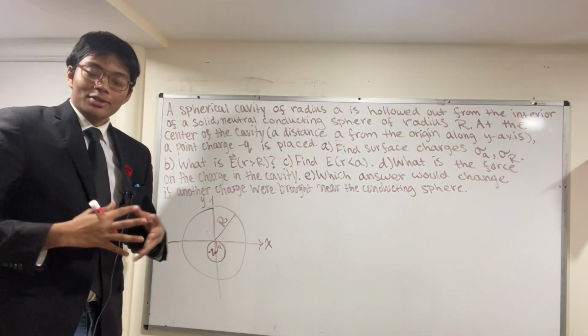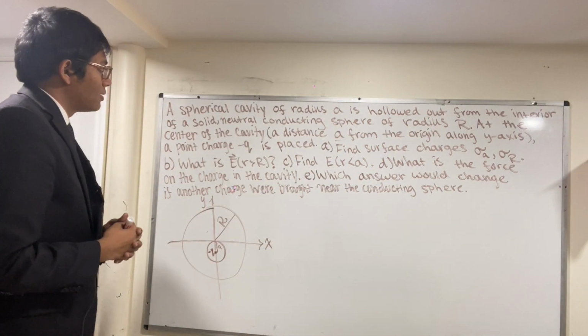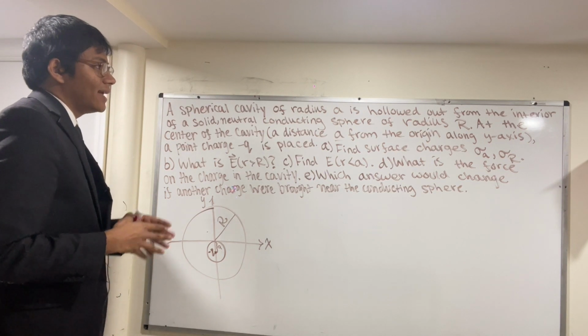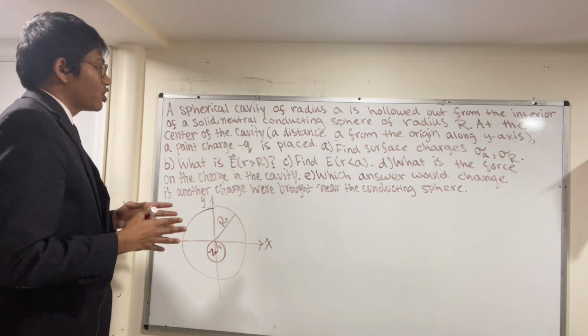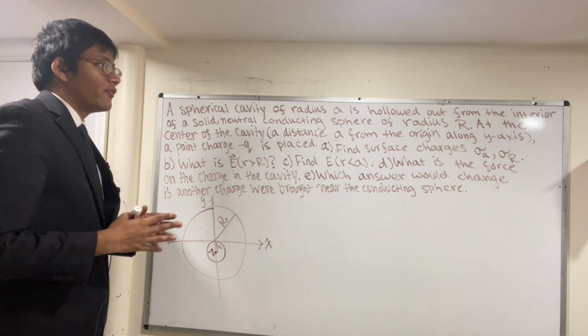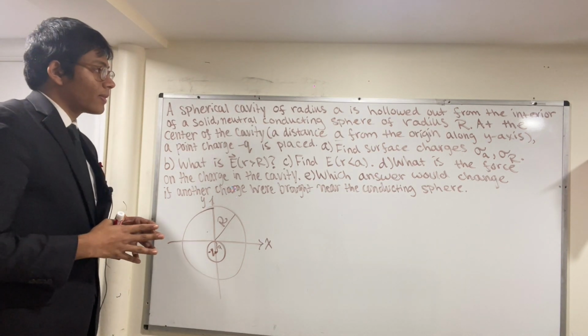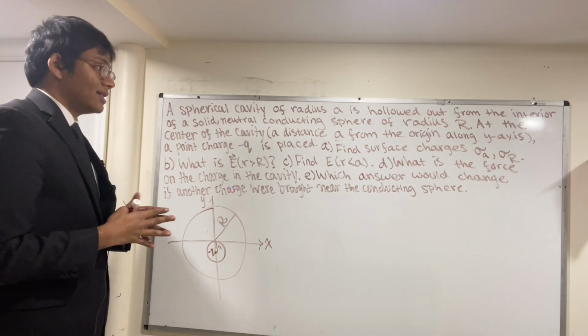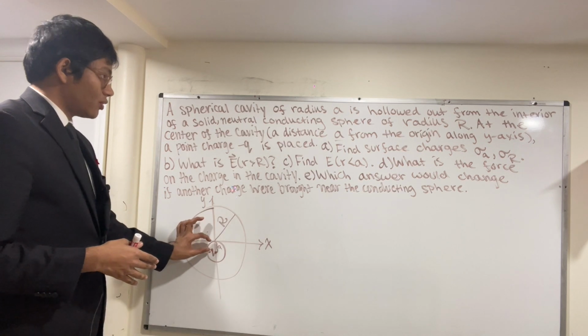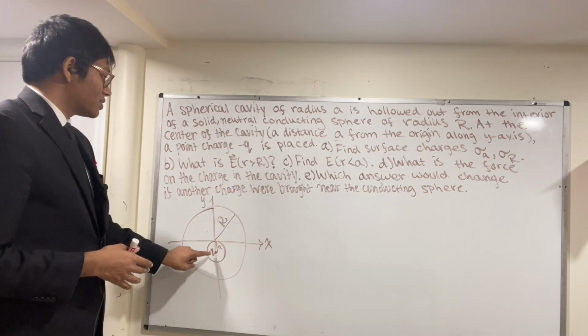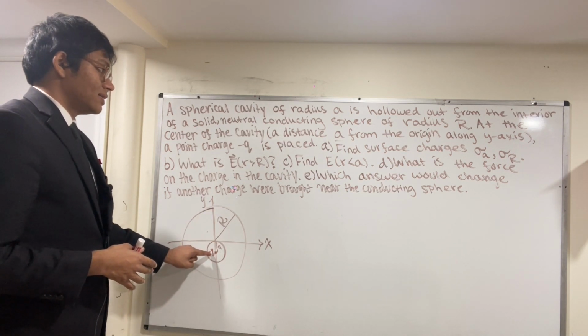Alright folks, let's check out problem 3. A spherical cavity of radius A is hollowed out from the interior of a solid neutral conducting sphere of radius capital R. At the center of the cavity, a distance A from the origin along the y-axis, a point charge minus q is placed.